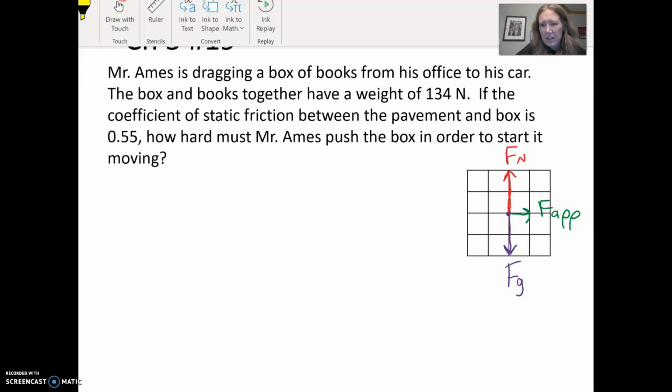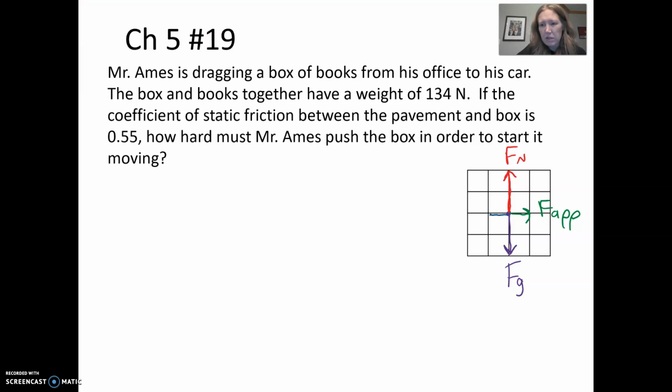So if I draw the diagram, I don't really know how big his applied force has to be, but I just know it has to be barely bigger than the static max force, right? So we have a formula for force of static friction, which is that it is always less than or equal to mu s times Fn.